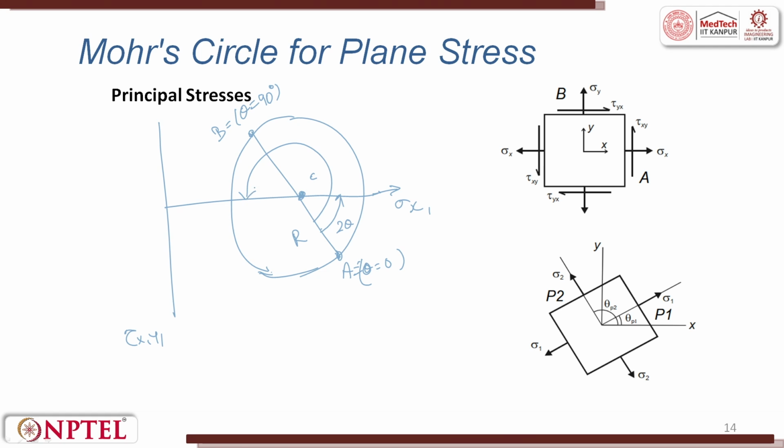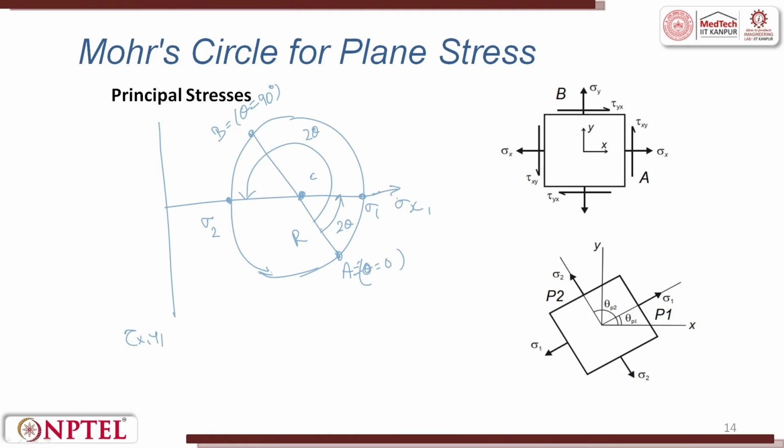And this will be 2 theta, where this is sigma 2, and this will be sigma maximum, which is sigma 1, and this will be sigma 2.